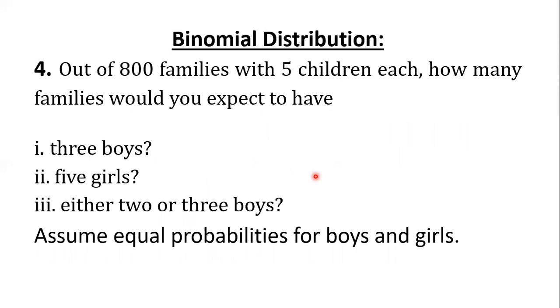Dear cadets, now problem 4. Out of 800 families with 5 children, how many families would you expect to have: Roman 1, 3 boys; Roman 2, 5 girls; Roman 3, either 2 or 3 boys.